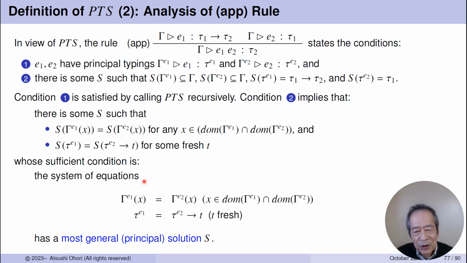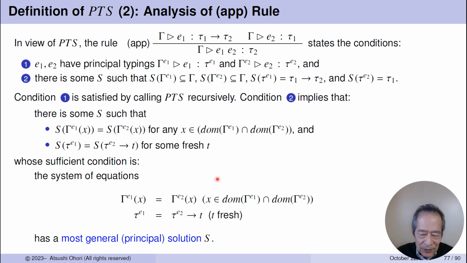The system of equations. So there is some S means that we write down the necessary equations, so this is an equation that equates two different types. So this is one equation, and this is another equation, which is an equation of two different types. In this case, tau v1 and tau v2 arrow t. T is for anything, so use t as a fresh type variable.